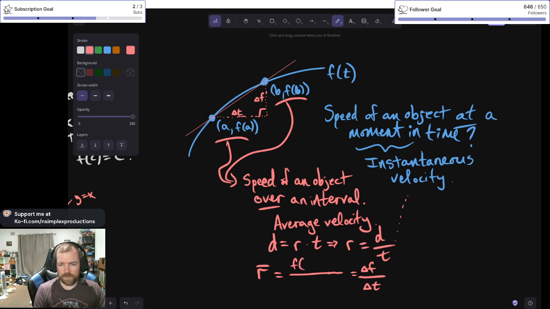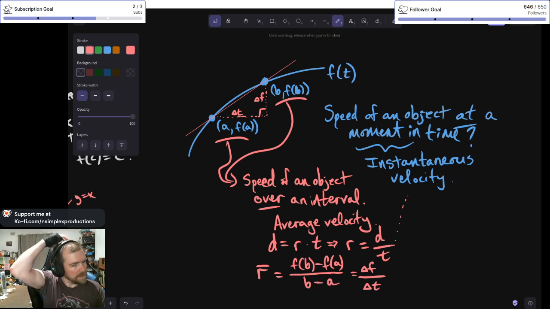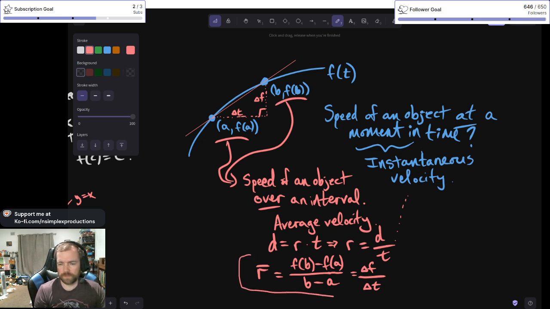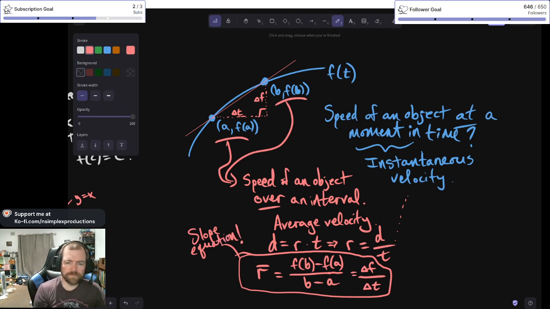So this is f at b minus f at a all over b minus a. That looks familiar, doesn't it? Right, this is the slope equation that we talk about all through algebra.